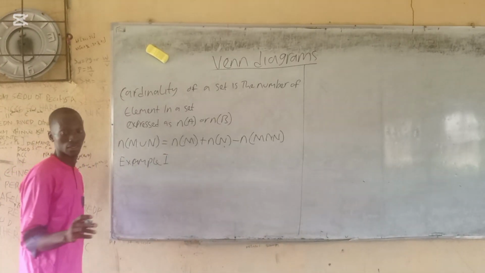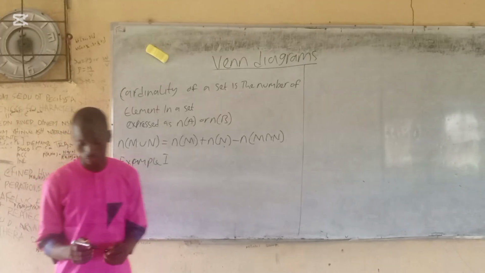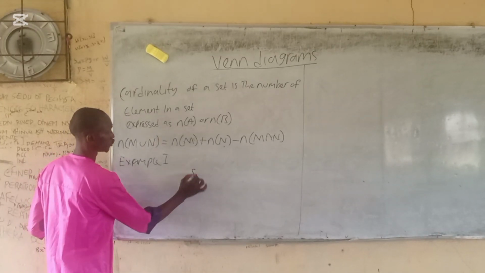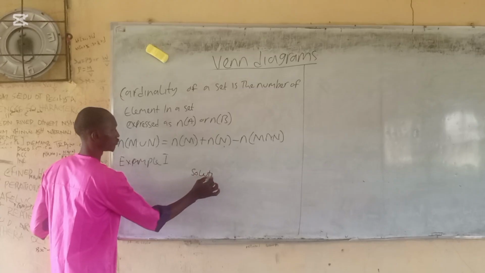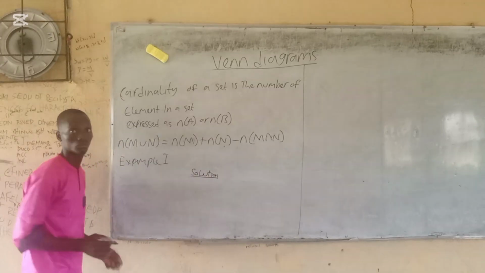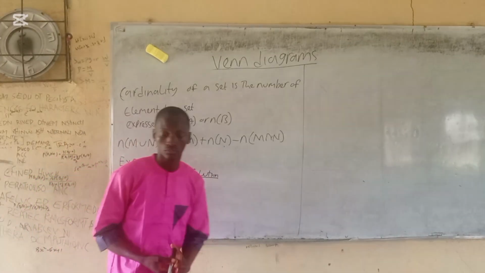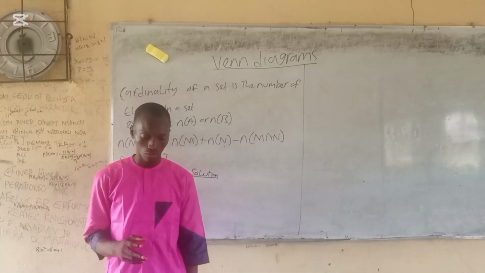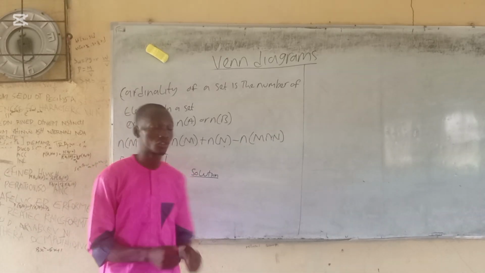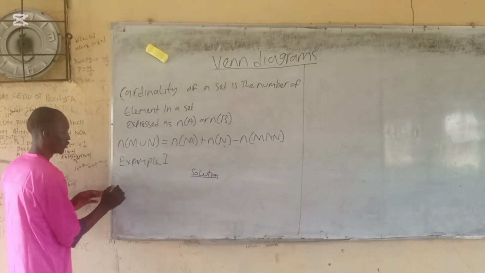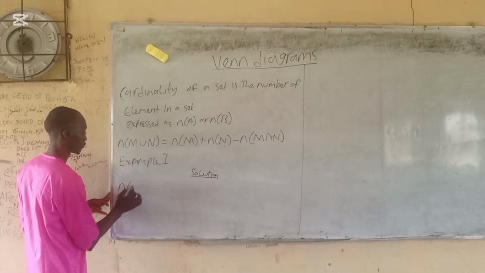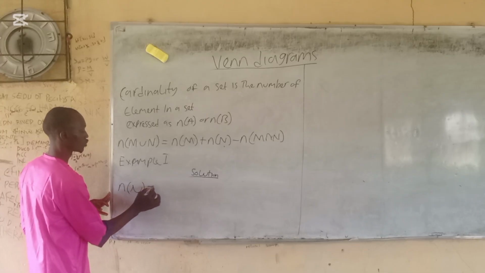Now, as example 1, are you ready? Now we are going to put the solution. Now, bring the question. Out of 30 students, the number of the universal set is equal to what?